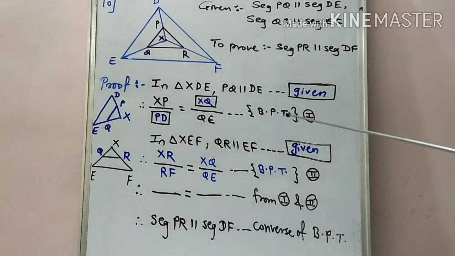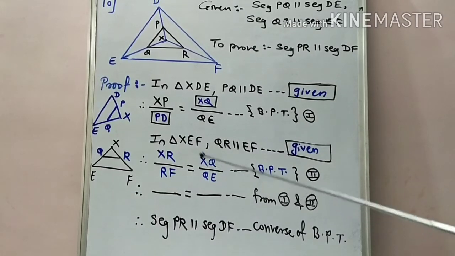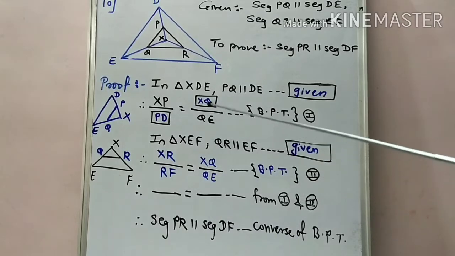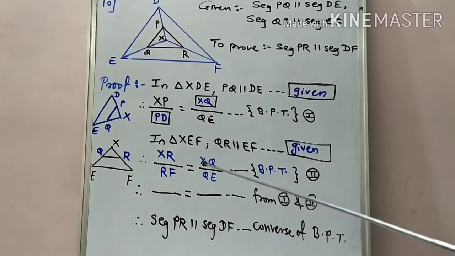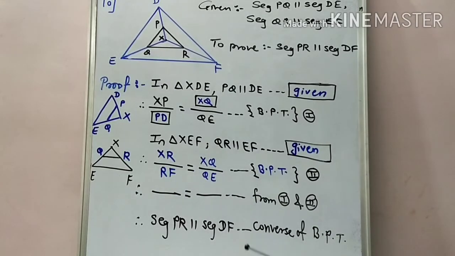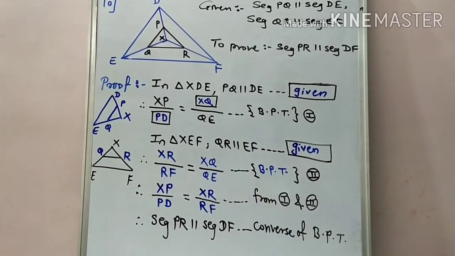And as you observe in 1 and 2, the right hand side is equal, and if the right hand side is the same, then the left hand side is also the same, so you write XP upon PD equals XR upon RF, from 1 and 2.